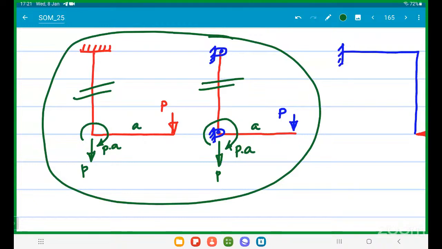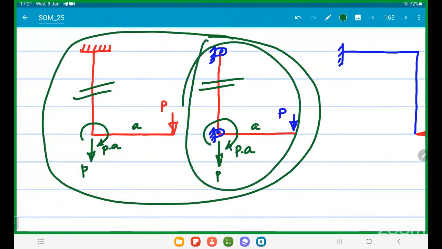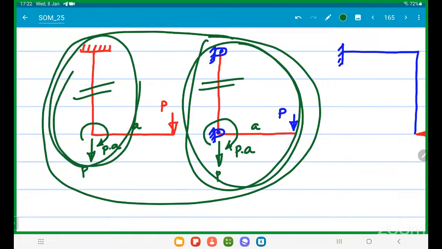Only one load, in both cases. Sir, we are ready to accept their assumption here. Here we are not ready to accept, but there is no other way. We want to mark, so we will accept the previous experience.